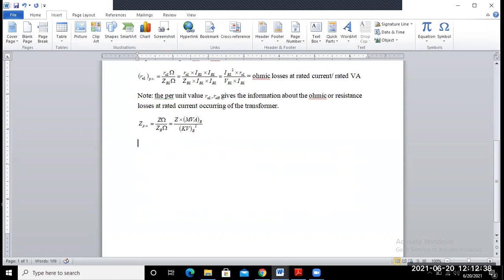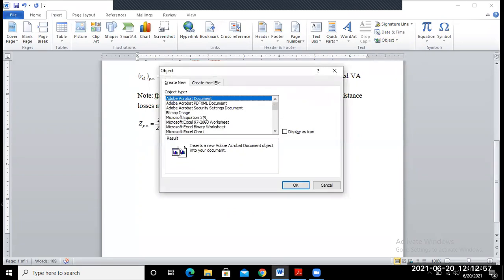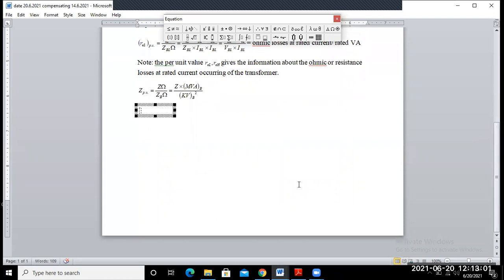Okay, and similarly write for the new impedance value in per unit. That means write here the Z impedance of the old and new value, and then just divide, and from that equation find out the value of the new Z impedance.